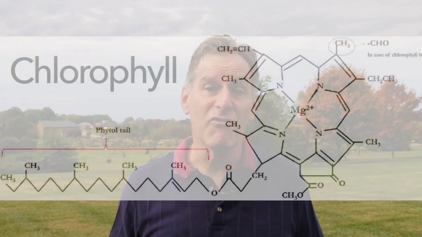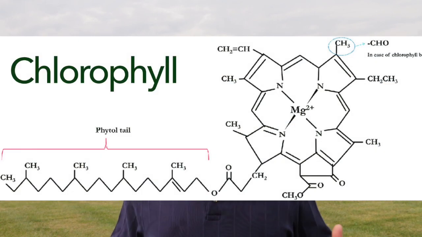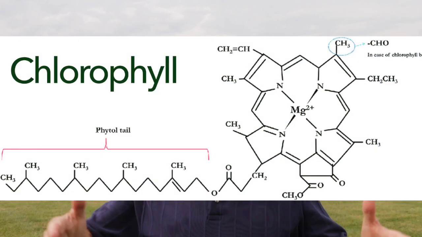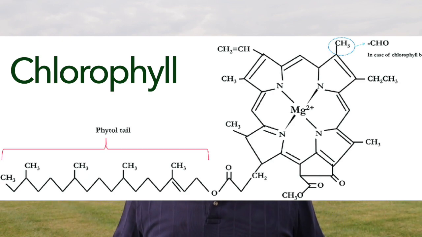Once you get outside of that large chlorophyll ring, you have a large carbon tail, and that's called the phytol tail. Whenever you have a series of carbons in a string like that, those have different functionalities and different solubilities. So that tail is what anchors the chlorophyll molecule in the membrane.